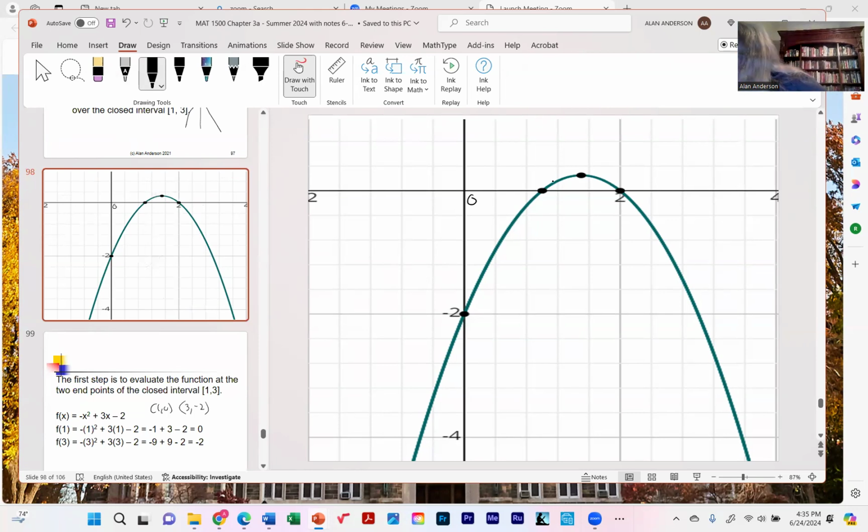Like this is the 1, and the 3 somewhere in here. So that's our interval right there.